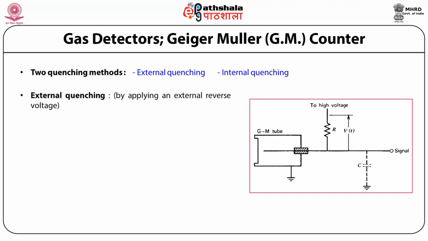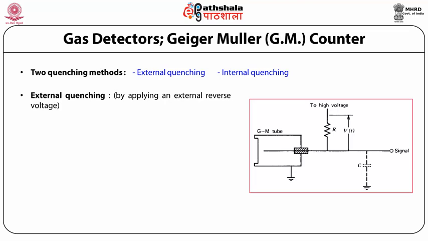External quenching means we apply an external reverse voltage to the GM tube, so that after the primary pulse is generated, the external reverse voltage brings down the internal voltage between anode and cathode within the detector to such a low value that multiple pulsing does not happen.